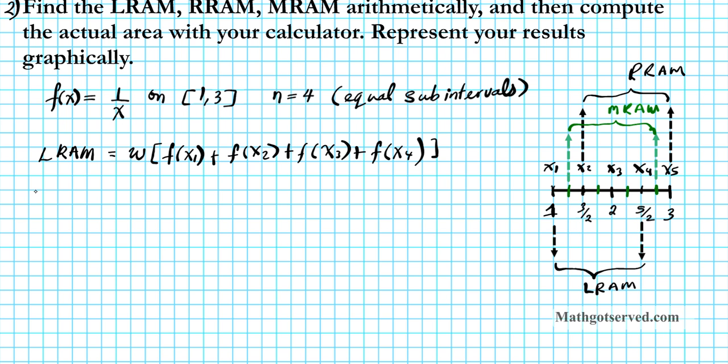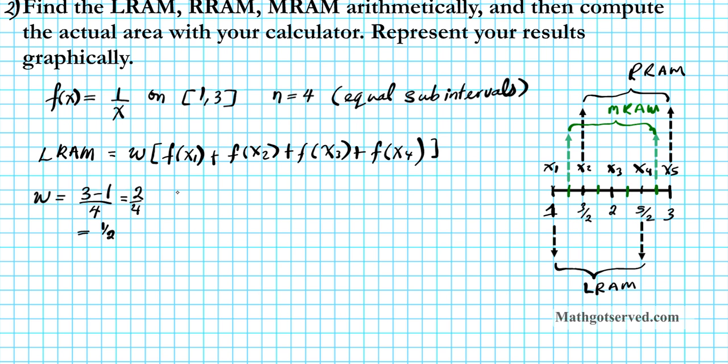We can see that we have uniform widths of 1/2. Just to do it using the arithmetic or formulaic approach, to calculate the width we'll calculate the length of the interval, which is 3 minus 1, divided by the number of intervals, which is 4. 3 minus 1 is 2 over 4, which equals 1/2.